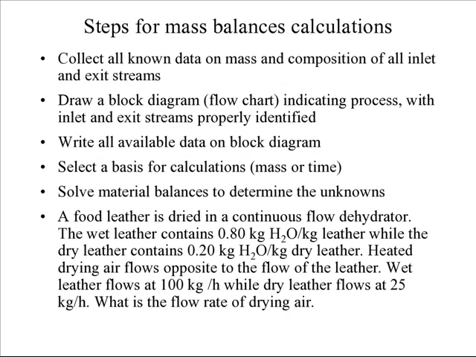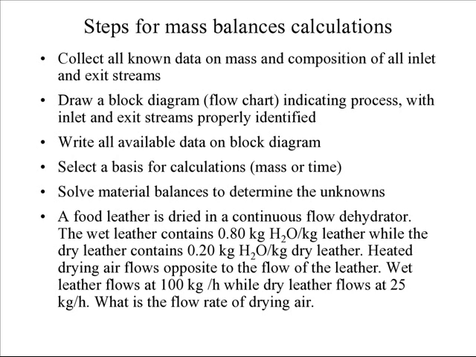There are certain steps that we should use for mass balance calculations. First, we should collect all known data on mass and composition of all inlet and exit streams. Next, we should draw a block diagram or flowchart indicating the process with inlet and exit streams properly identified, and this includes the units of those streams, the complete units.